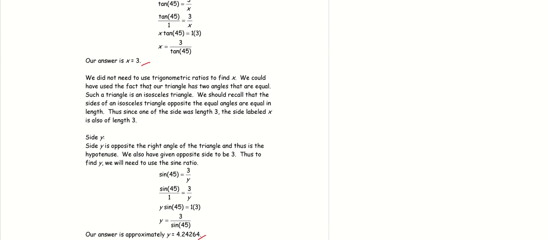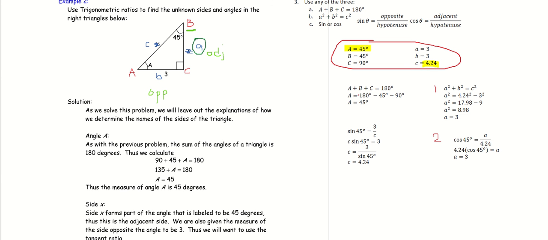We could use the fact that our triangle has 2 angles that are equal. Okay, so sinasabi dito, since parehas naman na 45 yung angle na nakuha natin, sure tayo na equal din tong dalawa. So, kung alam natin 3 yung B, then sure tayo na 3 din yung A. Okay? So, yun yung argument.